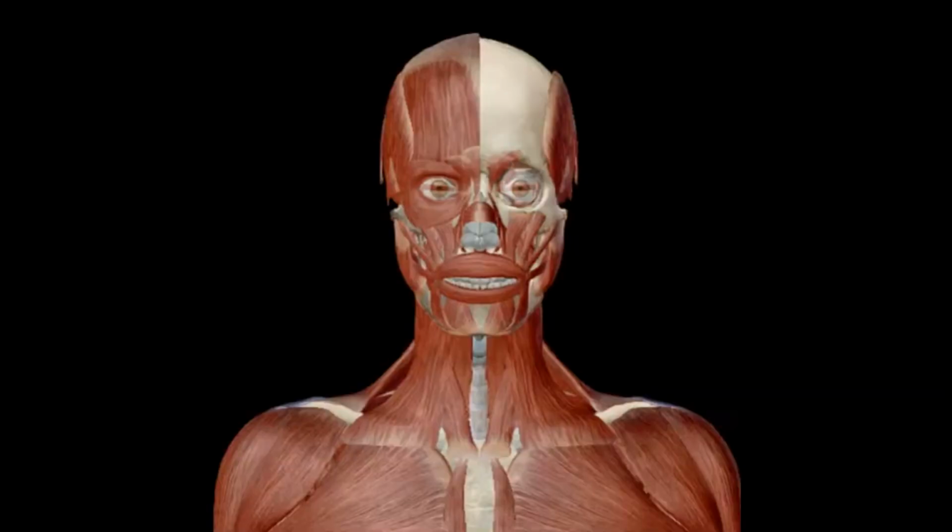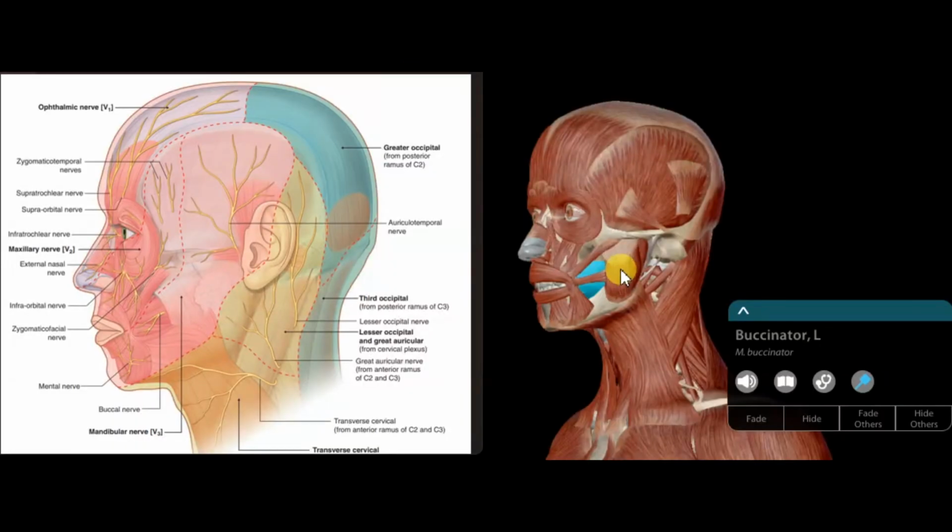So let's move on to the oral group. In the oral group, the orbicularis oris, the buccinator and the risorius muscles are innervated by the buccal branch of the facial nerve.